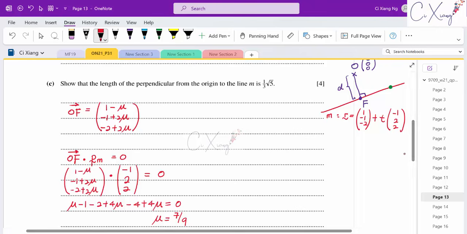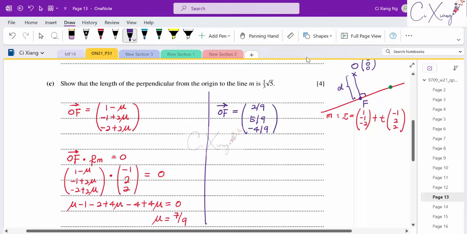Once you get mu, you can substitute the value of mu back into the position vector of F, and then I will get the value of OF. So now I substitute it into the OF vector. So 1 minus mu, I will get 2 over 9. Then the y component will be 5 over 9, and the z component will be -4 over 9 after you simplify that.